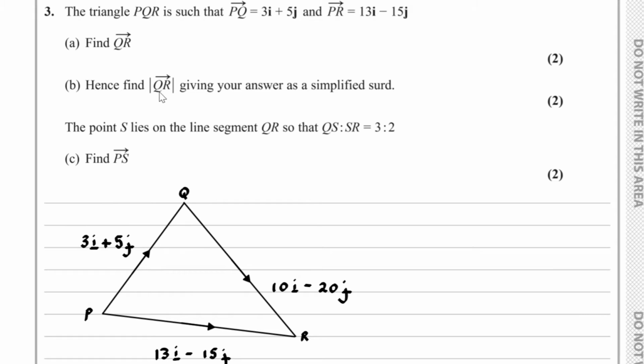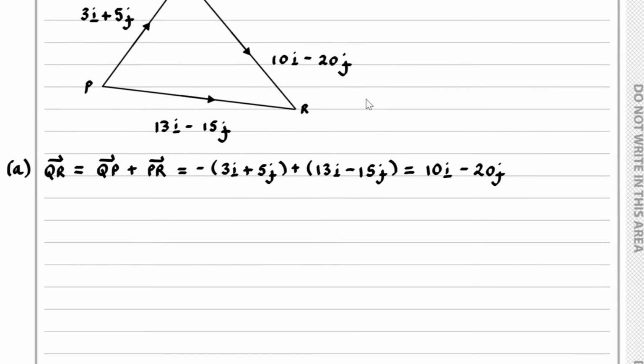For part B of the question, hence find the magnitude of QR, giving an answer as a simplified surd.